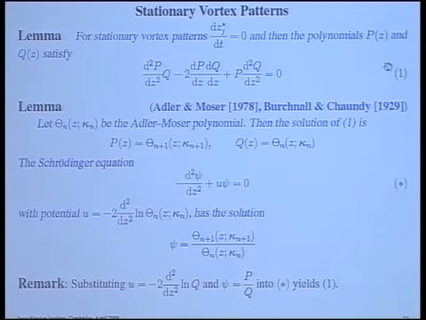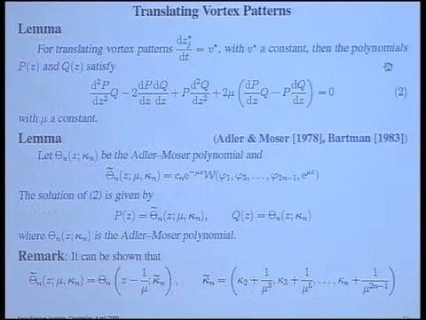What you can then note is that if you take this Schrödinger equation and you put u equal to minus 2 times the second logarithmic derivative of q, and you put psi equal to p over q, you just get back equation 1. So you get this link between the Schrödinger equation with zero eigenvalue and this bilinear equation. So stationary vortex patterns was easy.